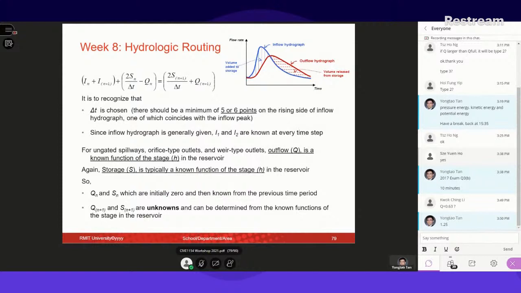From this one, we can generalize, using n between n and n plus 1. How can we choose the time interval delta t? Normally there should be a minimum of 5 to 6 points on the rising side.